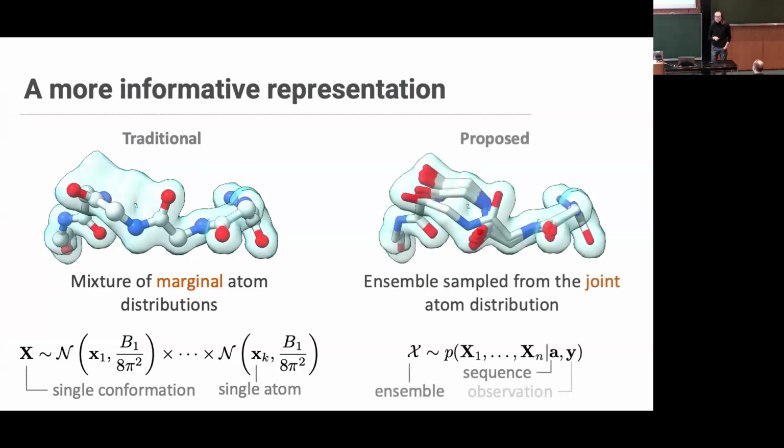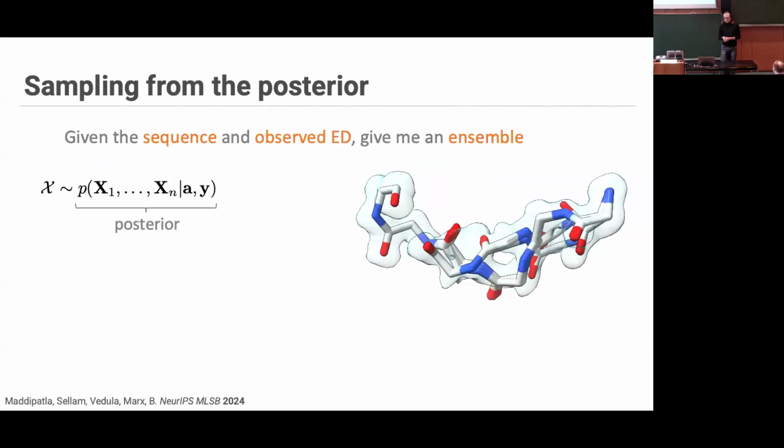So what I would like to do instead is to think of a black box from which I can sample an ensemble of structures. Each element in the ensemble will be a realization from the joint distribution. I want to condition the joint distribution on the sequence that I know, and also on the experimental observation, whatever it is, with crystallographic electron density or NMR distance constraints or something else. Okay, so I want to sample from this posterior distribution.